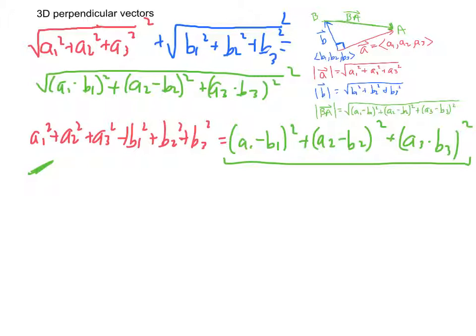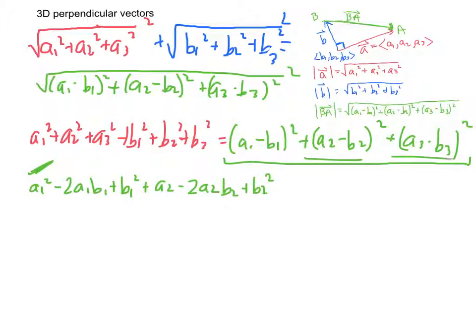So when we FOIL the first part, we get A1 squared minus 2A1B1 plus B1 squared. When we FOIL the second part, we get A2 squared minus 2A2B2 plus B2 squared.